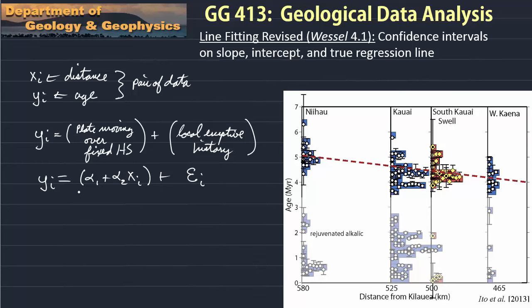Now, of course, we don't know the true linear trend. We can only estimate that trend. And of course, we estimate with our model line, which has a model intercept or an estimate of alpha 1, which is what we call A1, an estimate for the slope, which is A2.